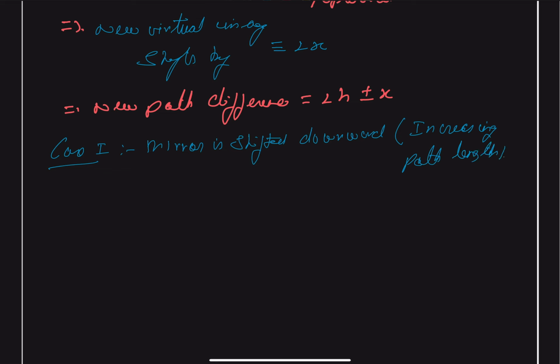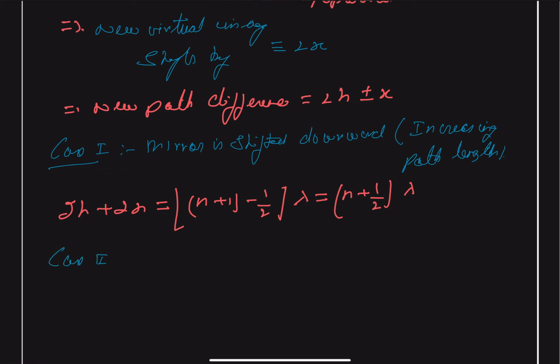Therefore, we can write that 2h plus 2x will be equal to n plus 1 minus 1 by 2, times lambda, which will be equal to n plus 1 by 2 multiplied by lambda. And case 2, mirror is shifted upward, which means decreasing path length.